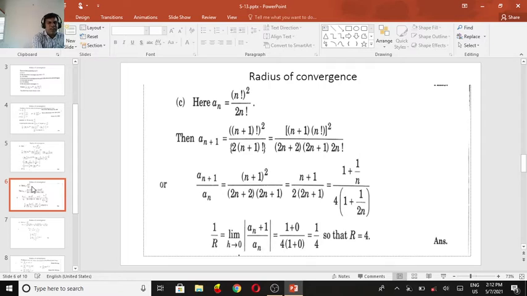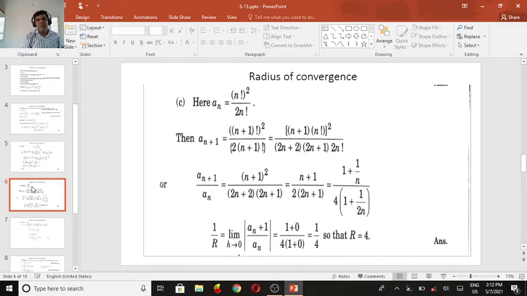If we take a_n, a_n is equal to (n factorial) squared divided by (2n) factorial. Again, you apply the ratio test. a_(n+1) is equal to ((n+1) factorial) squared divided by (2(n+1)) factorial, which is equal to, if you remove that factorial, (n+1) into (n factorial) squared divided by (2n+2) into (2n+1) into (2n) factorial.